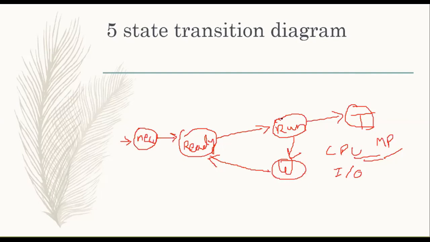Now there are a few more arrows. It's a simple question: can we have an arrow directly from running to ready state? The answer is yes. We do have a direct arrow from running to ready. Be careful, each and every arrow has its own meaning.